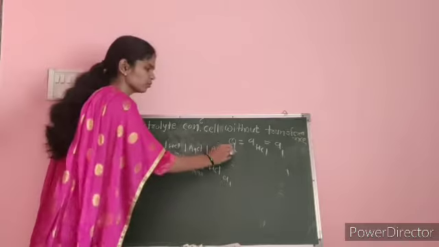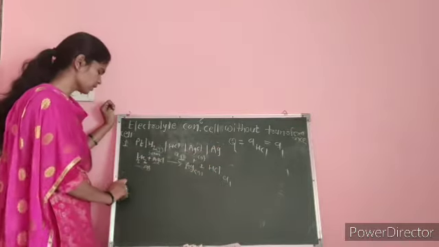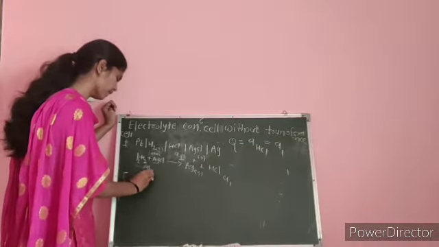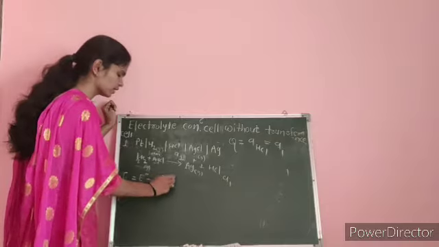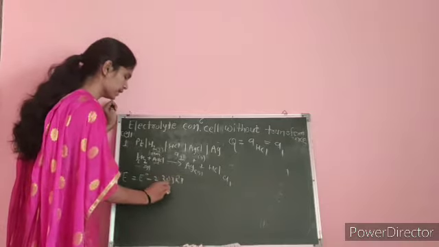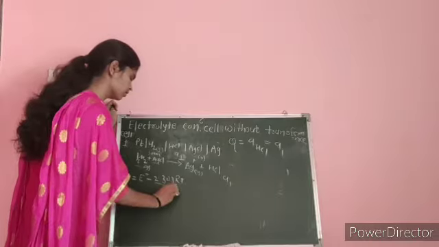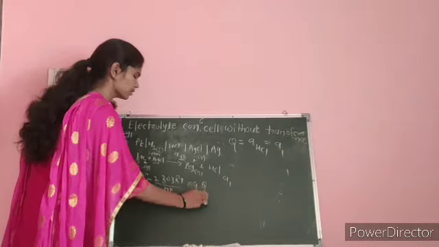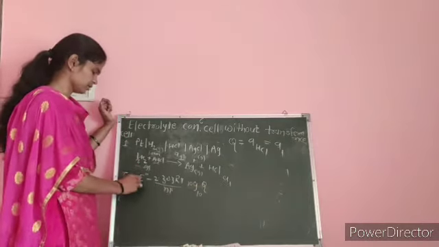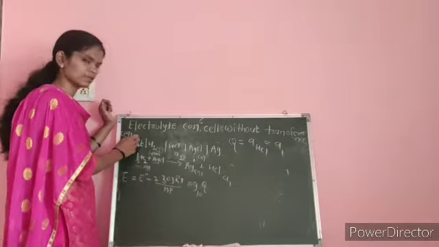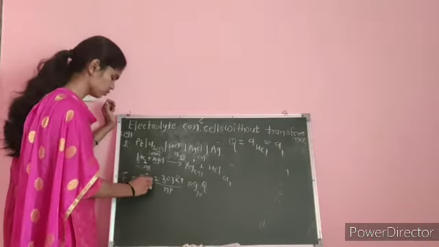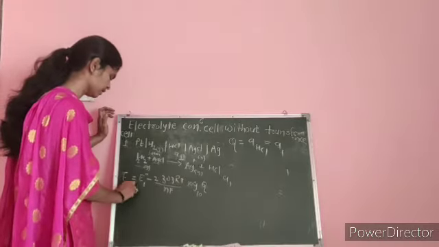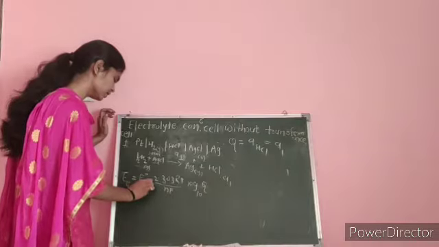Now this value is put in the Nernst equation. What is the Nernst equation? E is equal to E naught cell minus 2.303 RT upon NF log of the reaction quotient Q to the base 10. This is calculated for the first cell, therefore we write EC1 and E naught C1.